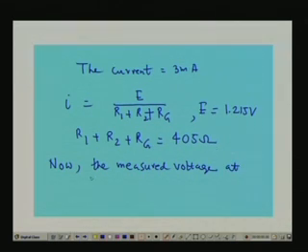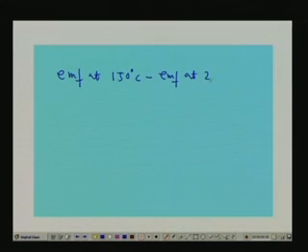Now, the measured voltage at 150 degree centigrade is EMF at 150 degree centigrade minus EMF at 25 degree centigrade. So, this will give you 13.66 millivolt.